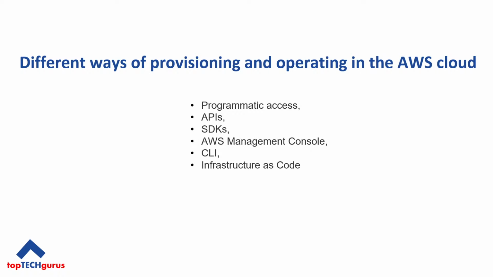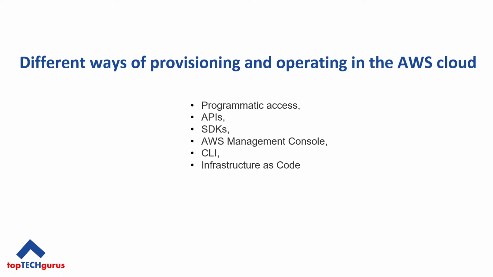CLI is the command line tool. So AWS provides a Linux-like command line tool. You can go in and run the AWS commands. Say you could start the EC2 instance. You can stop the EC2 instance. You can provision new resources.